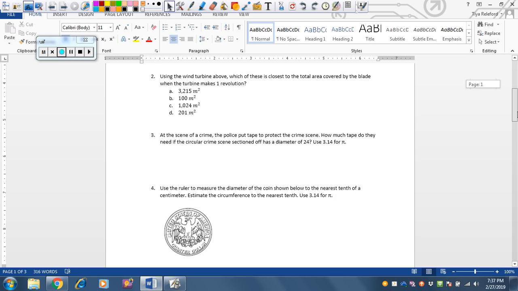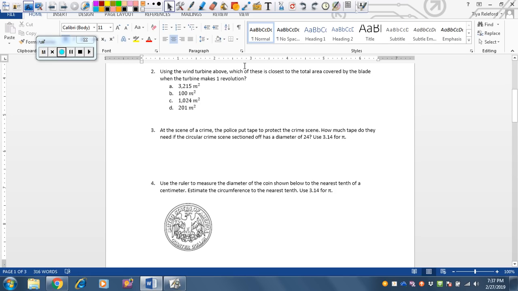Number 2, using the wind turbine above, which of this is closest to the total area covered by the blade when the wind turbine makes one revolution? It says area, so you need the area formula. And this time you're going to use 32 because 32 is the radius.